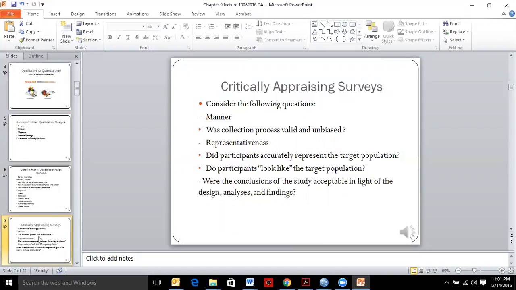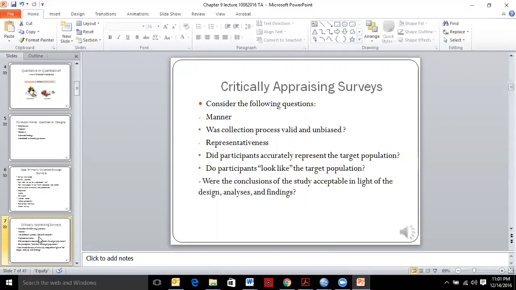So when we want to critically appraise surveys, we should consider the following questions. The manner: was the collection process valid and unbiased? Also, representativeness: did the participants accurately represent the target population?